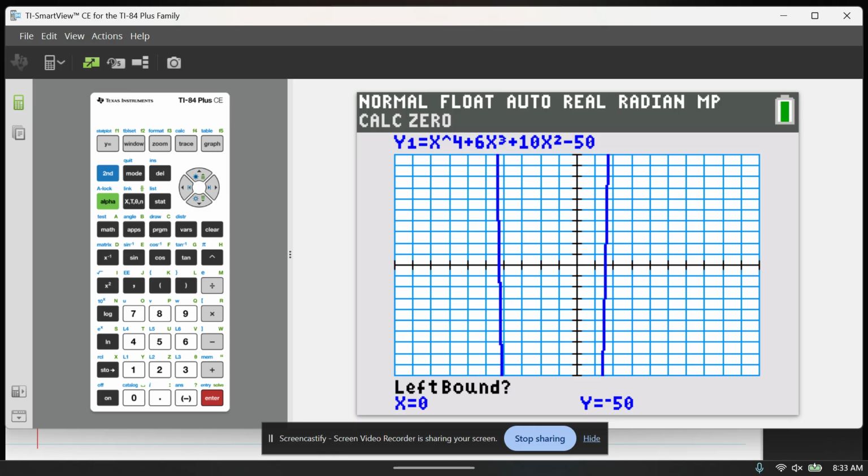That's a little past negative 4. So I'm going to move my cursor over till my x says like negative 5, something. There we go. Then right bound, I'm going to move past that, hit enter. And I'm just going to hit enter again.